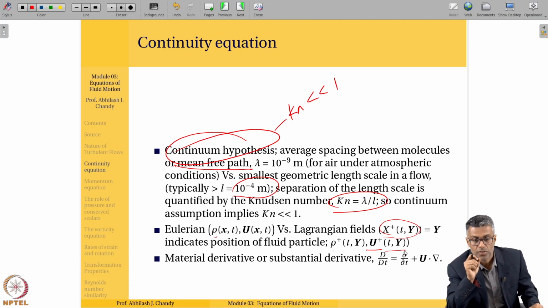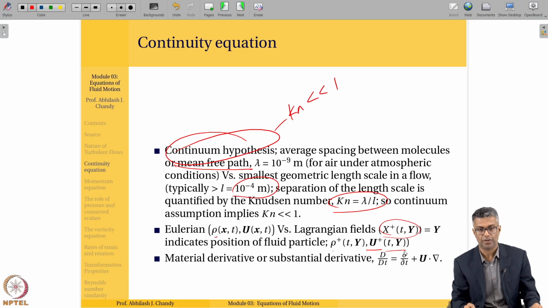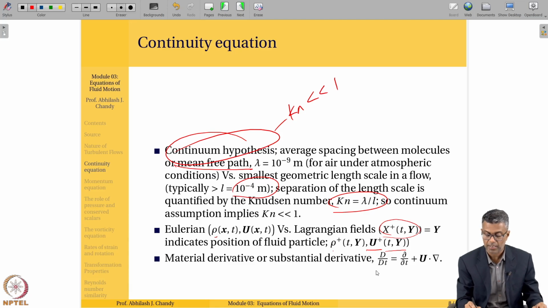The other concept that we should also discuss is the material derivative, also called the substantial derivative. We represent it mathematically by writing it as capital D Dt. So D Dt is del del t plus u dot del. A material derivative is also called a total derivative.